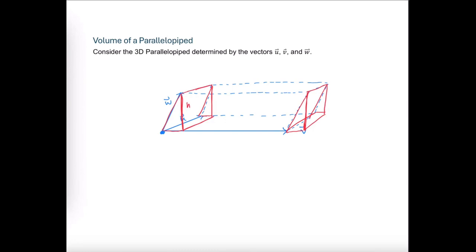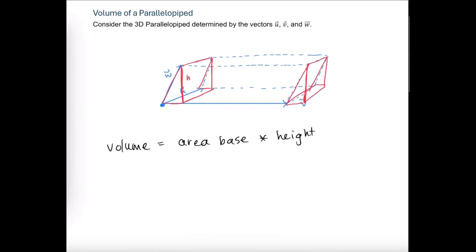And so we can really think about the volume of this 3D object as being the area of the base, which is the same thing as essentially length times width, but then multiply that through by that height quantity. And so first of all, let's talk about the area of the base.